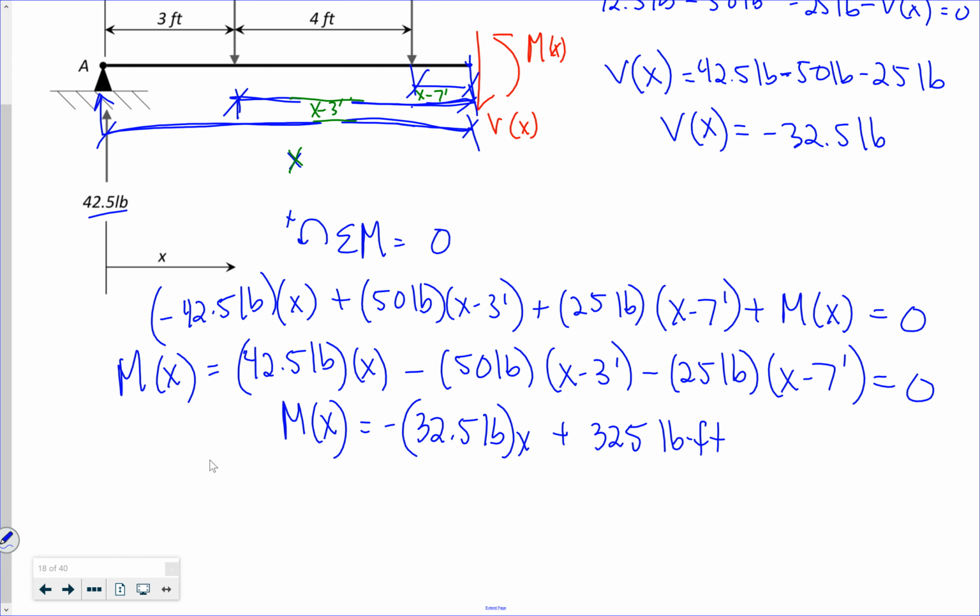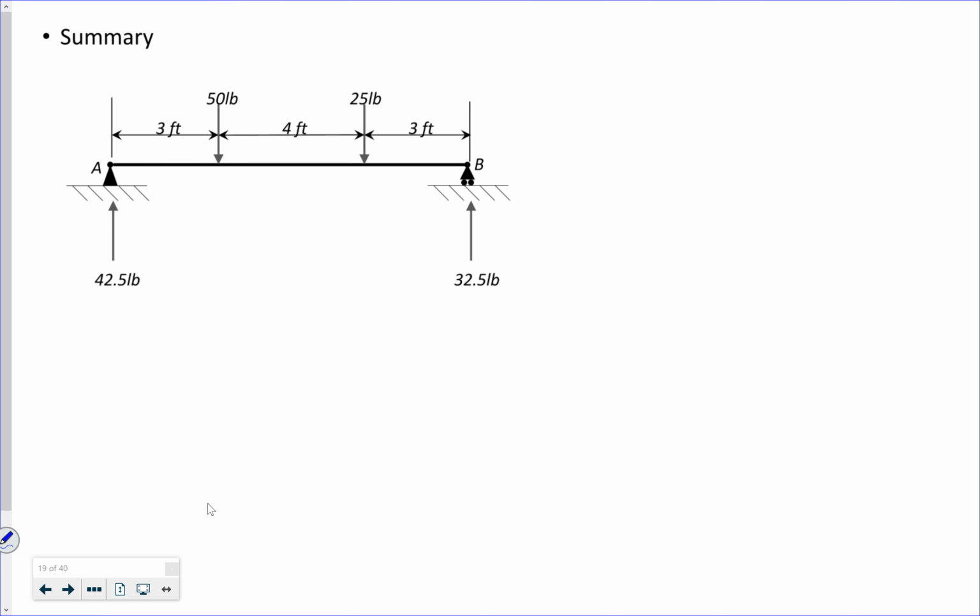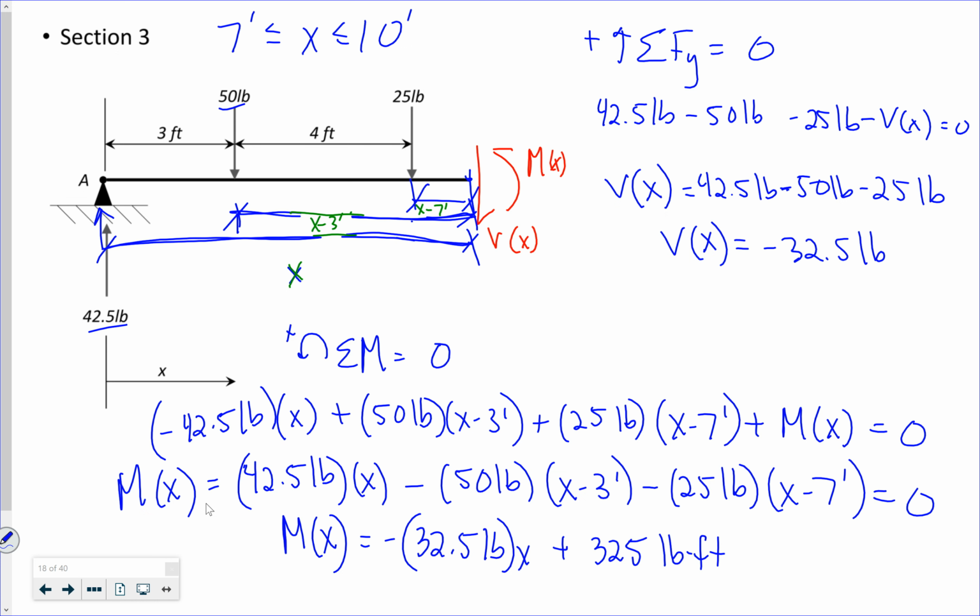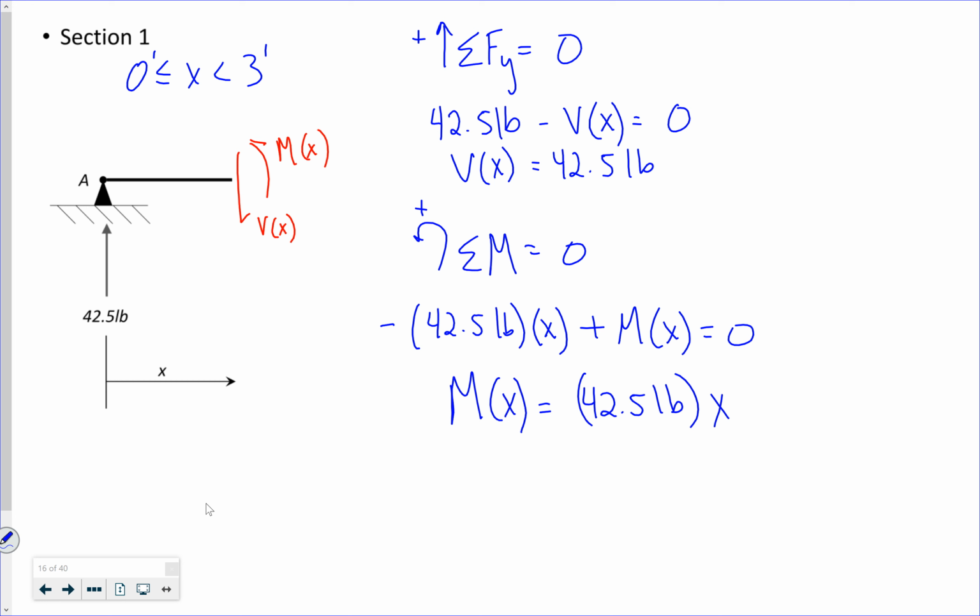Now I'm going to make a little summary. If this is my beam, my 3 different sections, I'm going to go back and write 3 different functions. From 0 to 3, my shear is 42.5 pounds.